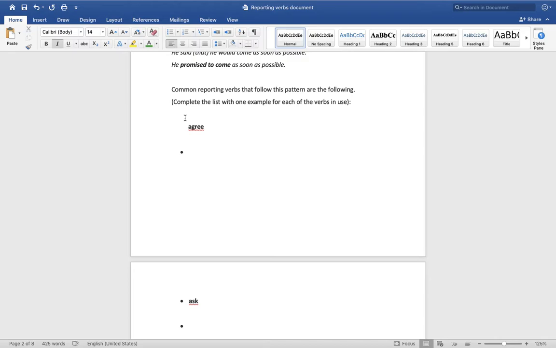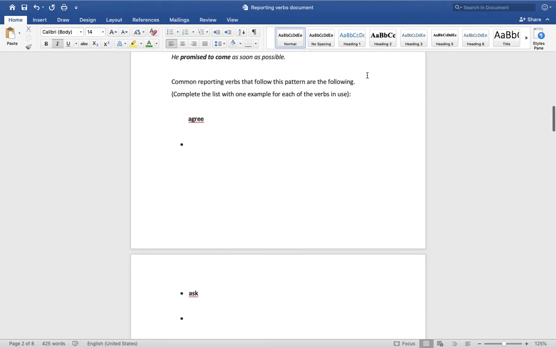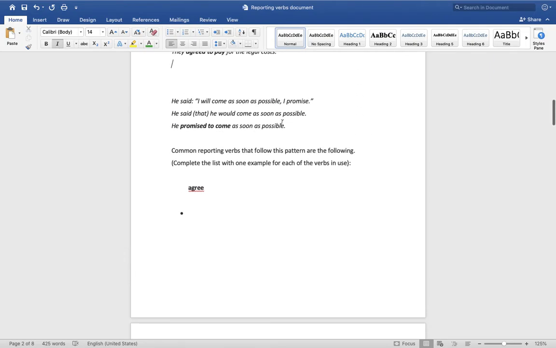And what you're asked to do here is to complete the list with one example for each of the verbs in use, right? It means you have to create one sentence like this. You are not supposed to do all these 3, right? Just one last final sentence with the verb in use, correctly used, and in reported speech already, right?